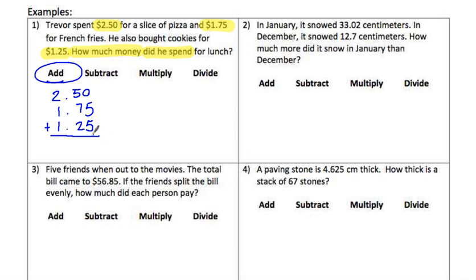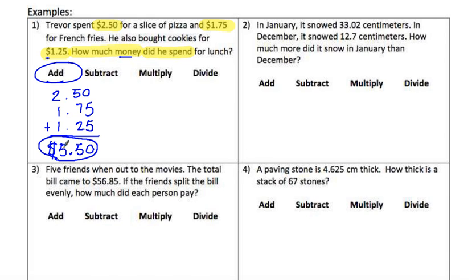So you're welcome to use one, or you can just do it the old-fashioned way by hand. Whichever way you do it, you end up getting $5.50, which is money because we have the dollar signs here and it's asking how much money did they spend. So don't forget, put that dollar sign out front. Please remember that the dollar sign does not go in the back of an answer.